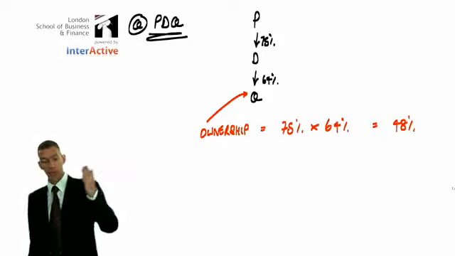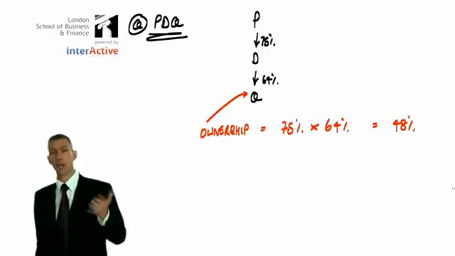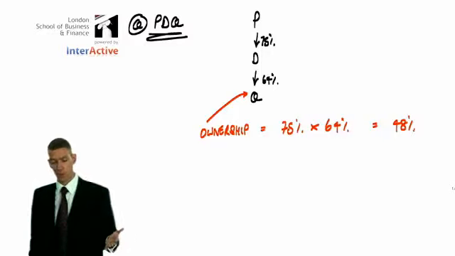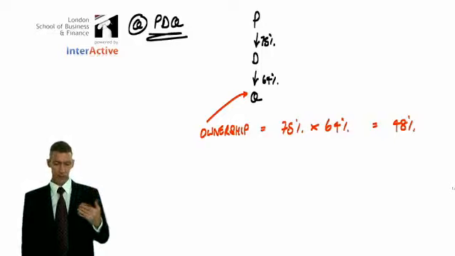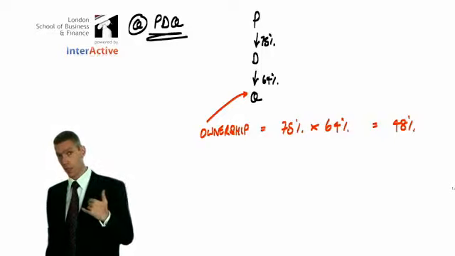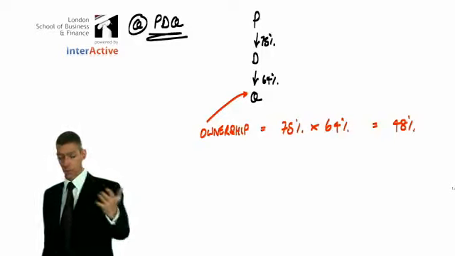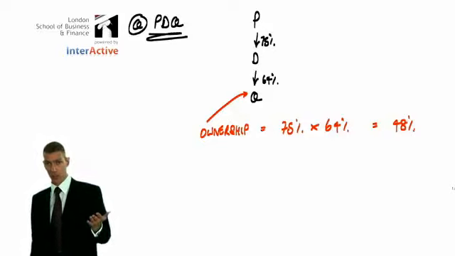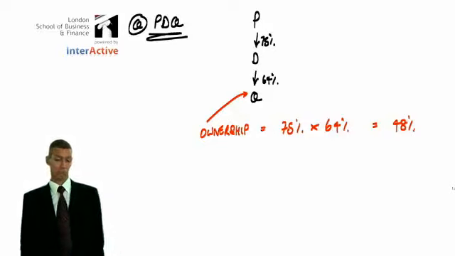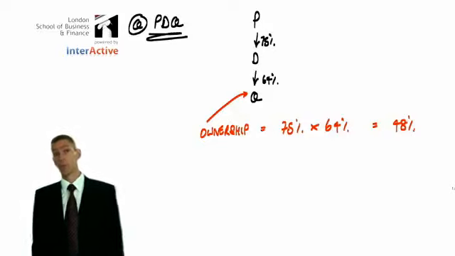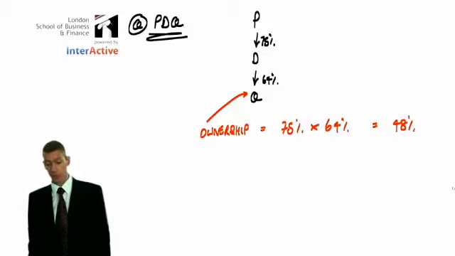And D can pass an ordinary resolution to sack the directors in Q. So we can sack the directors in Q. We in P can sack the directors in Q because we can tell D to sack the directors. We have an unbroken chain of majority resolutions throughout the group.